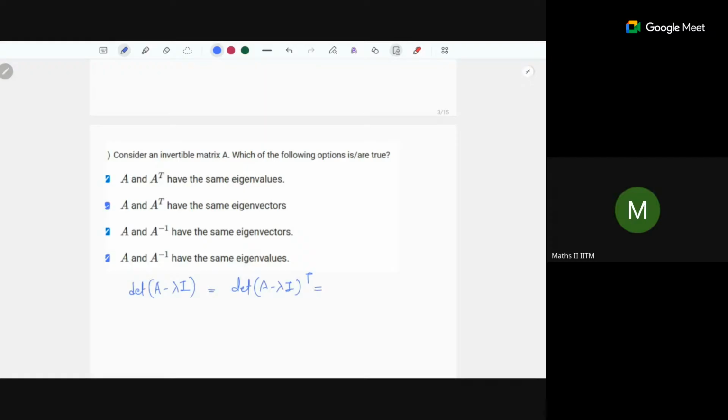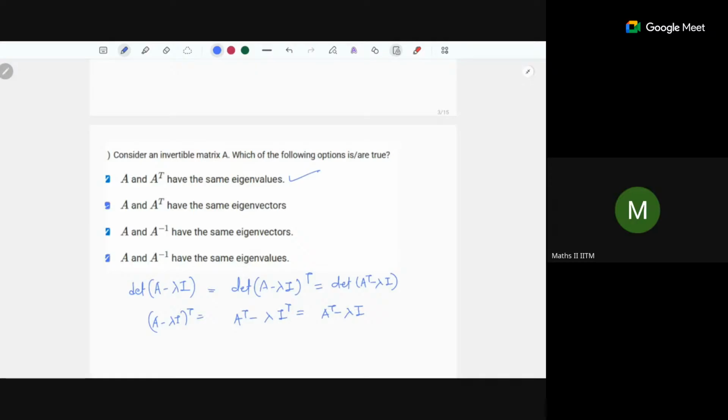The transpose of A minus lambda I is A transpose minus lambda I transpose, which is A transpose minus lambda I. So this will be the same as determinant of A transpose minus lambda I. Because the polynomial is the same, the roots will be the same, so eigenvalues will be the same. So that's why A is correct.